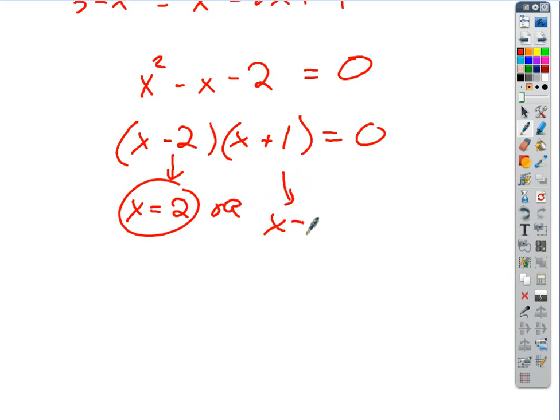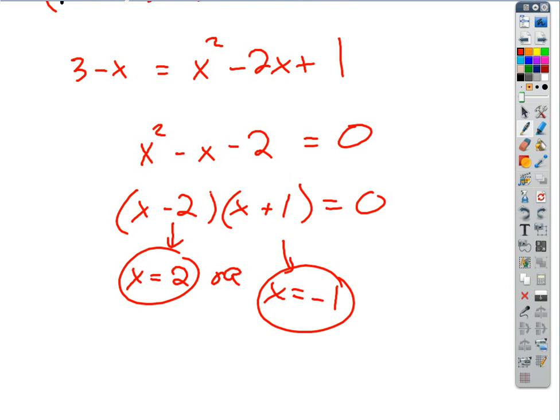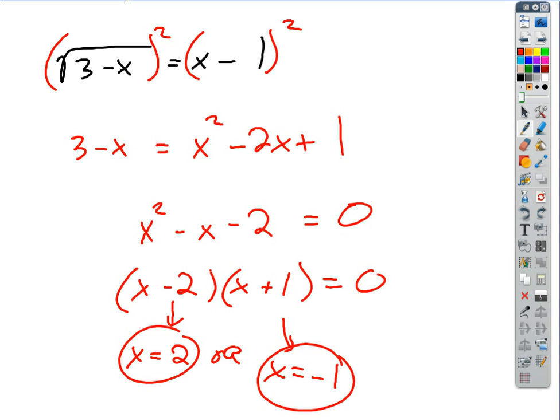Okay, so let's go back up to the original problem and see which, if any, of those work. I've got to get rid of these guys. Before I squared it, I've got to go back to the original problem. We had 2 and negative 1, right?